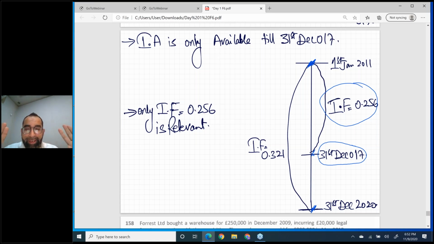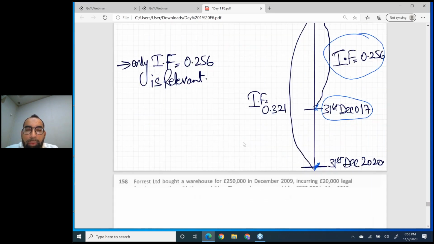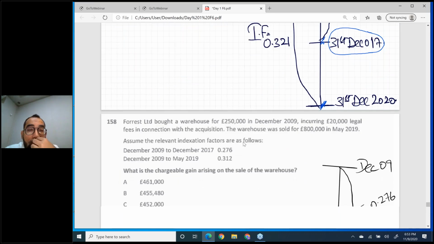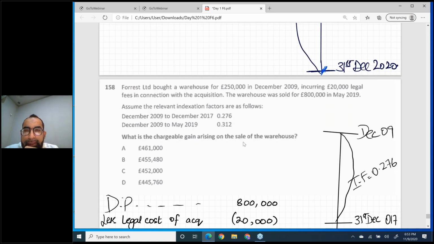So if there are any index factors given after 31st December 2017, they are all irrelevant, ignore them. So only 0.256 is relevant. Okay, let me explain with one MCQ, and I think this MCQ is linked to this question.